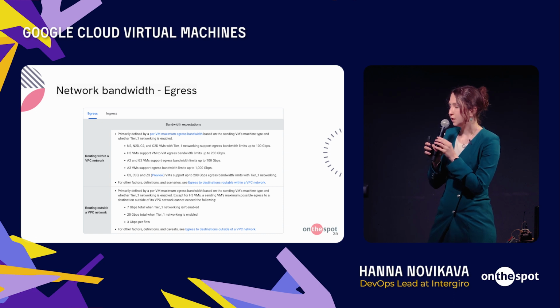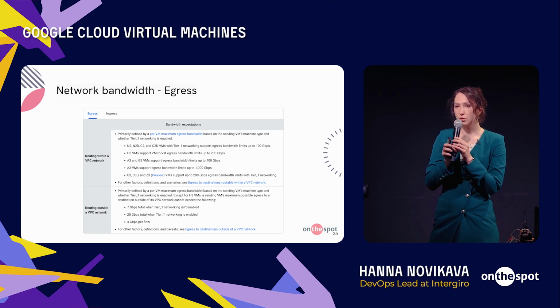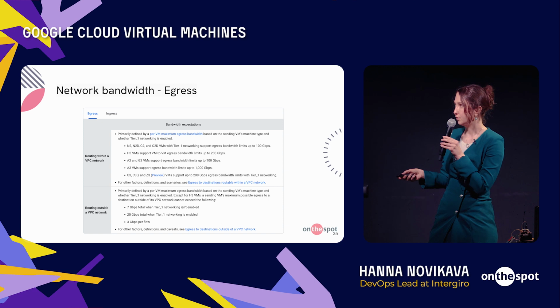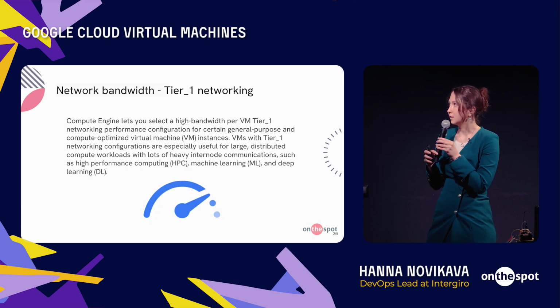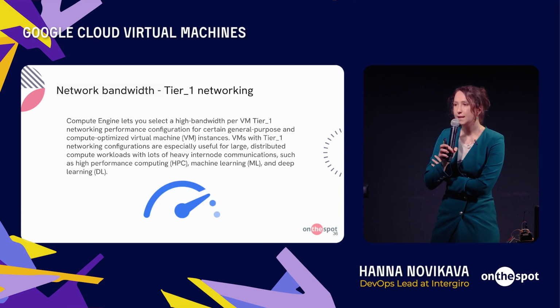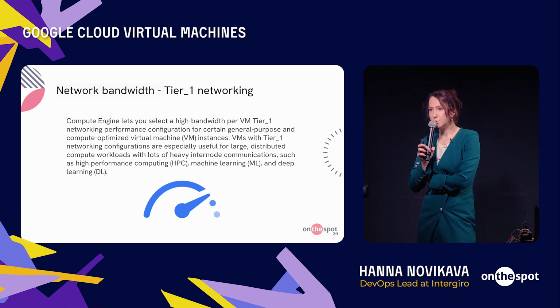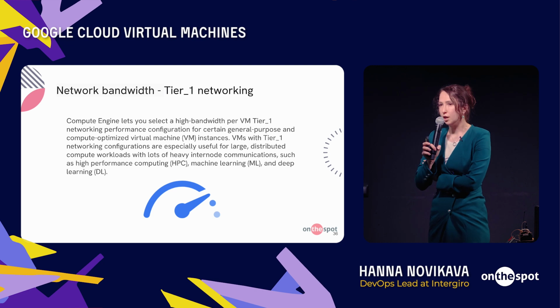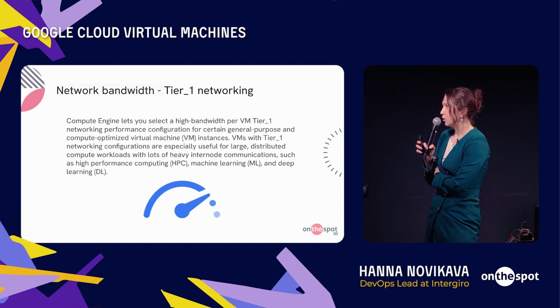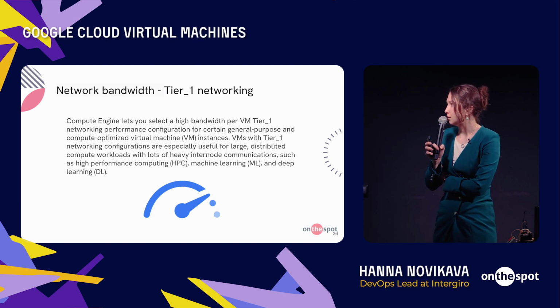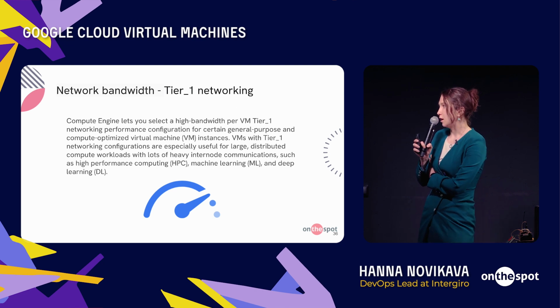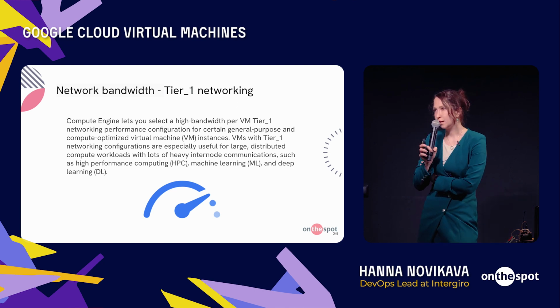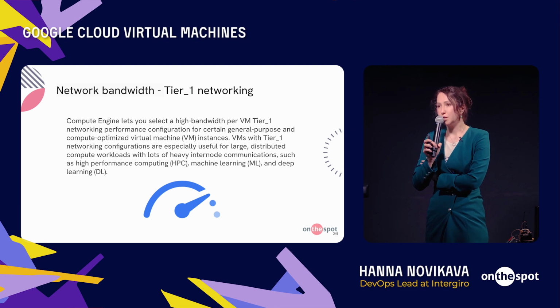Also, about the network in Google Cloud, I need to say that we have Premium Tier networking. It's a special feature which helps, using special providers, to have quicker, faster, better communication for tools like high-performance computing and machine learning.